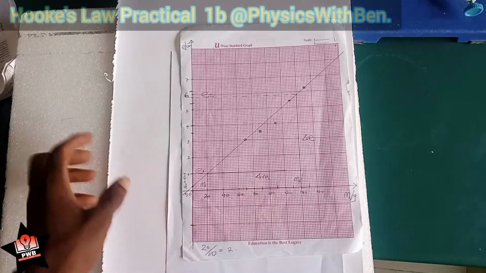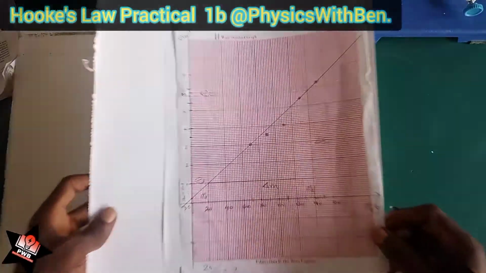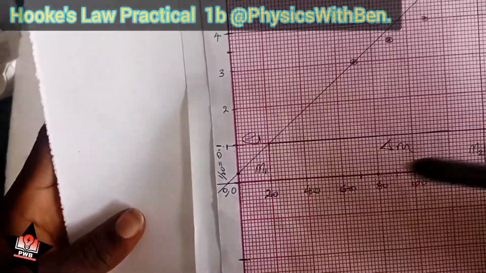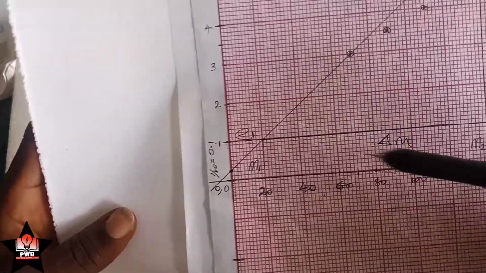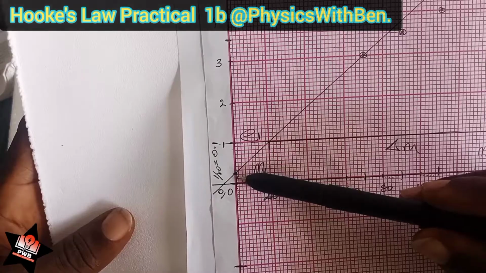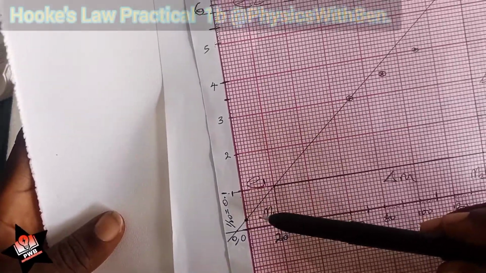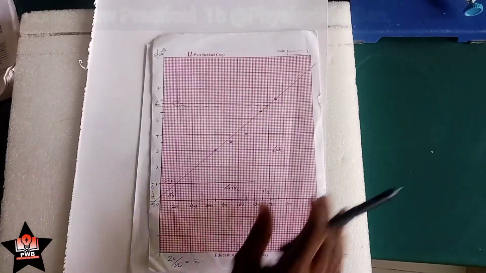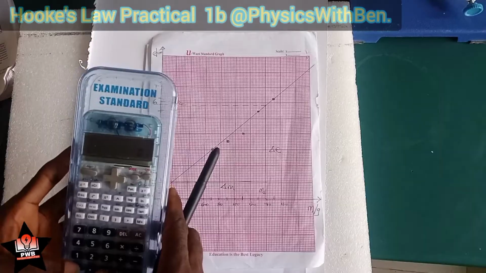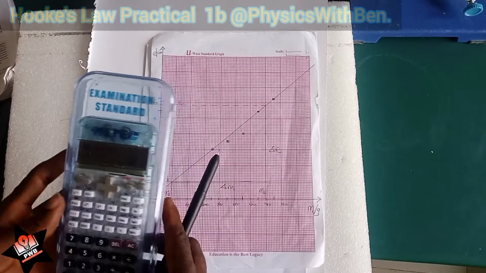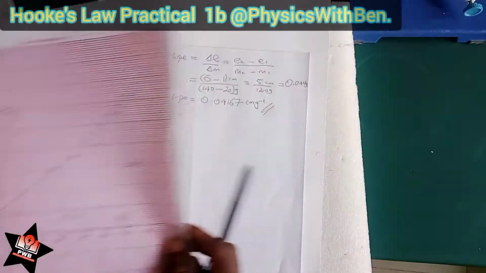So the intercept is directly on this dot here. That is the intercept. So this is a 1, 2. So 2 times 0.1 is the value for the intercept. So write that 0.1 times 2 is 0.2.